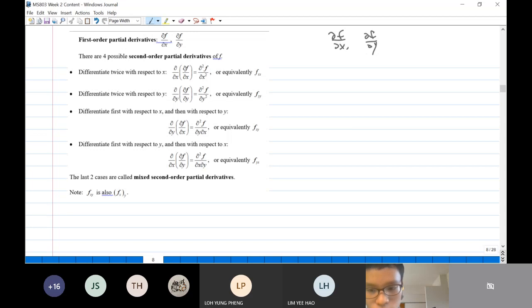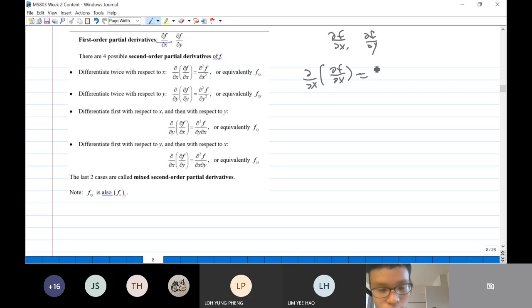So how about the second order derivative? Second order partial derivative, we have a notation here. If you differentiate with respect to x one time, and then differentiate again with respect to x, we have a name for this.